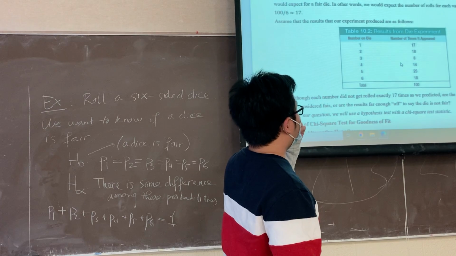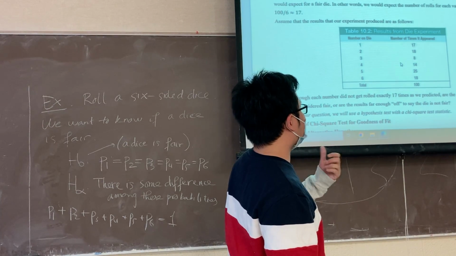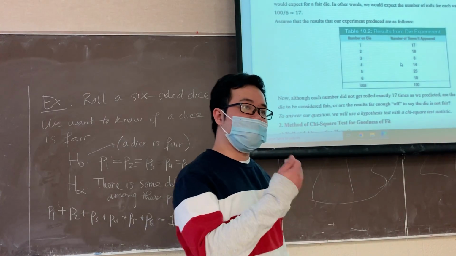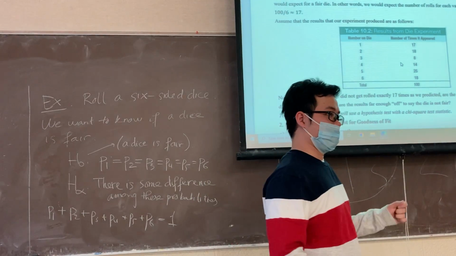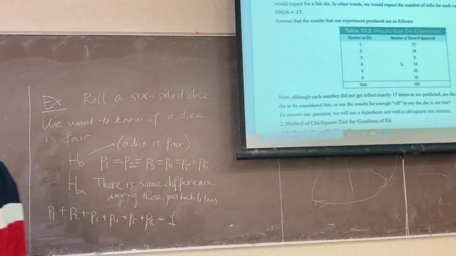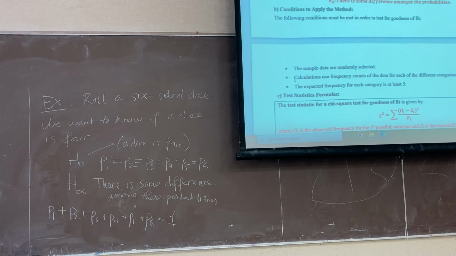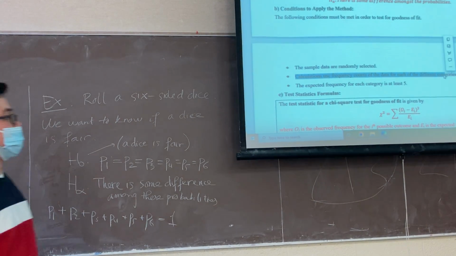For example, the number on the die, the value 1 is 17 times. So we write 17 times. That means we have to know this information. If we don't know this, we cannot apply this method. We have to know the frequencies. That is the second condition.